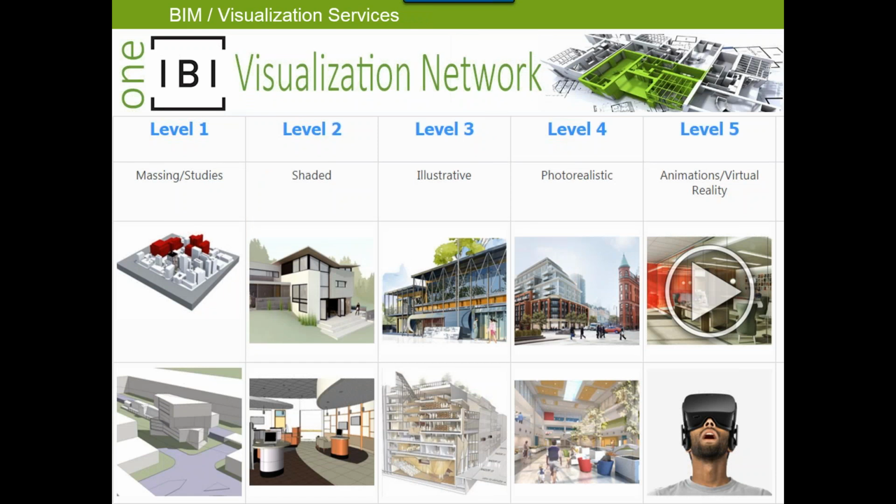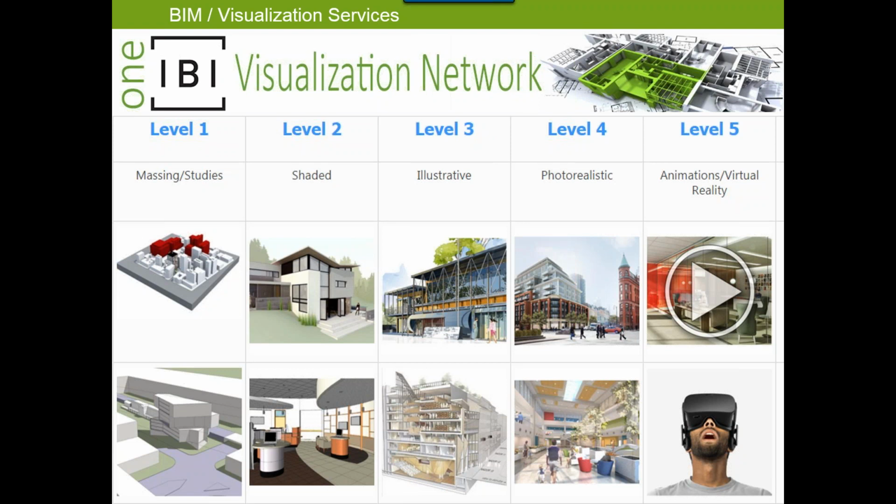We have various levels. So the idea of building these levels is to say, you know what, the first 3 levels can probably be, definitely the first 2, and maybe up to level 3, can be facilitated within the studios or the architectural offices themselves. So you have your BIM model, you add some materiality, some lights, you develop an output, and you deliver to your stakeholder.